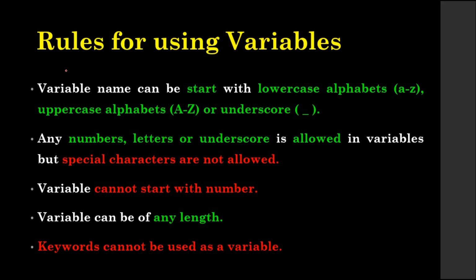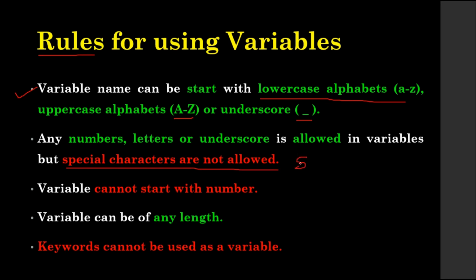Now you cannot give just any name to variables. There are a few rules for this. A variable name can start with lowercase alphabets like a to z, or uppercase alphabets like capital A to Z, or we can use an underscore at the beginning of the variable. This is allowed. Any numbers, letters or underscore are allowed in a variable, but special characters are not allowed.